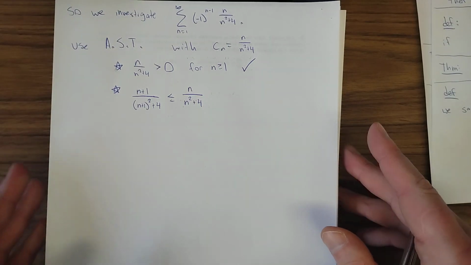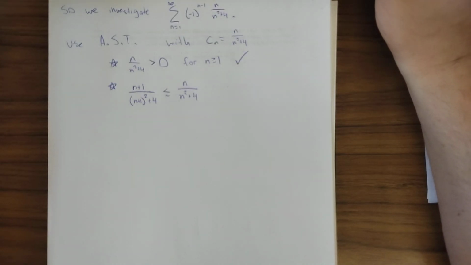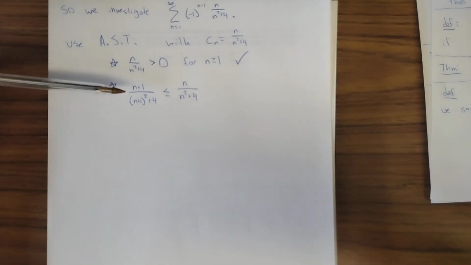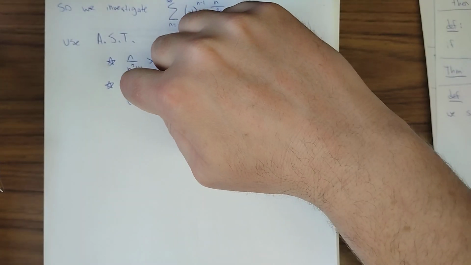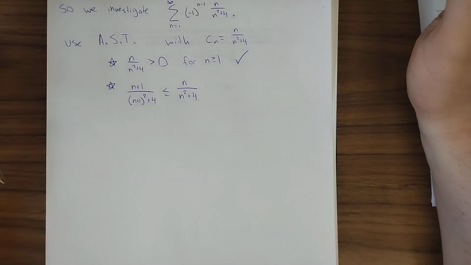It's not entirely clear that it is. And we should really be checking these things. We should not just be blindly putting check marks. It's not so clear because I can't use my simple reasoning where sometimes we have two fractions and I just compare the tops and I compare the bottoms.